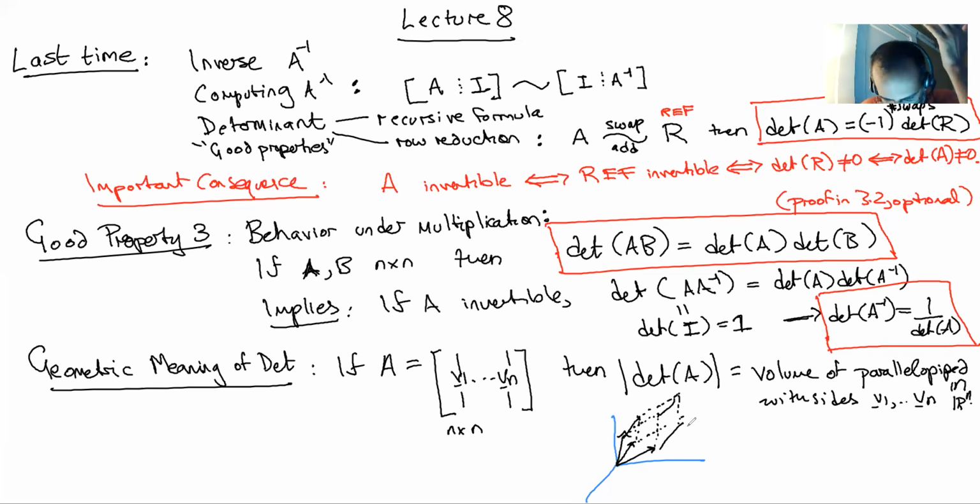So in particular, if it's the standard basis vectors, this is just a cube. Okay, maybe I should just flesh it out. It's this set. And the value of the determinant, the absolute value, is actually just the volume of this.